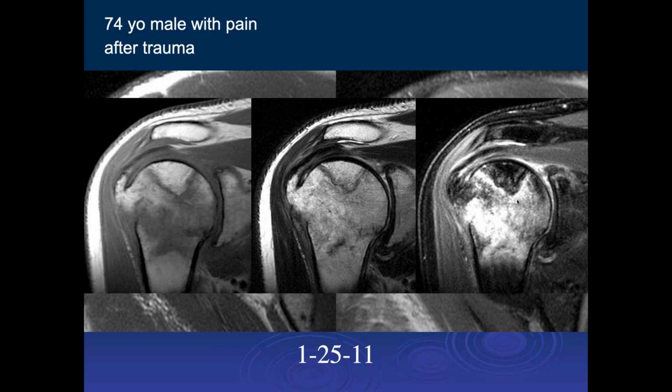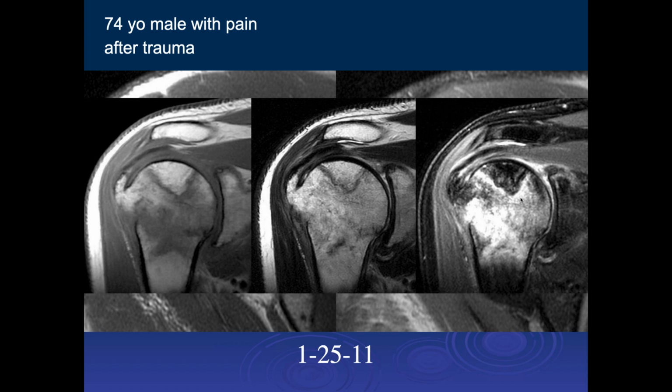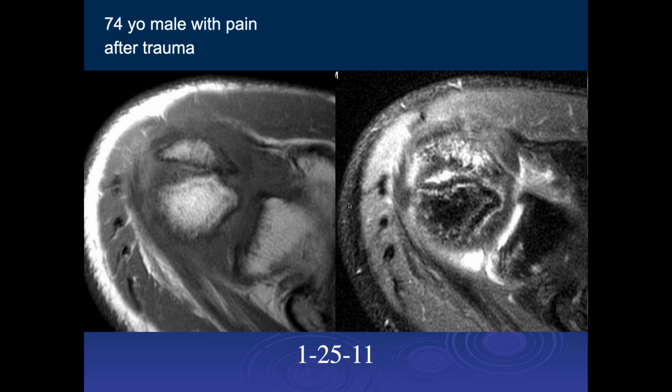Besides a fracture, I guess it could be a displaced fragment. I don't think that's what John's looking for. Okay. I think this is what you can get after fractures, depending on where they are. They're probably not as common as we once thought they were, but this is post-traumatic AVN, and you can see the double line sign here. Just like you can get in a hip, right?